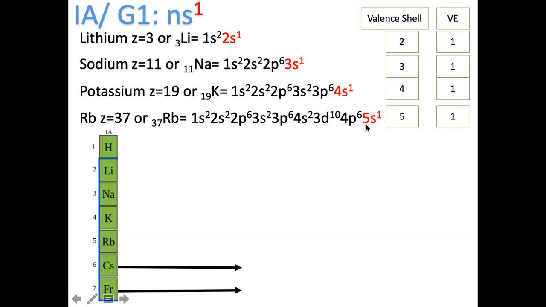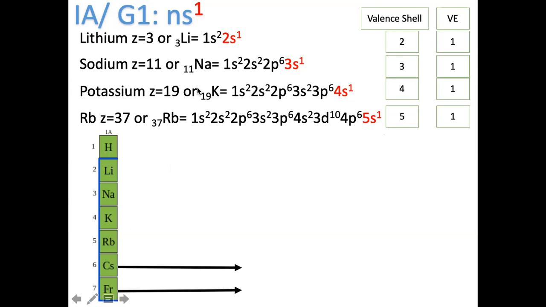Look at the valence shell. The valence shell of lithium would be 2, sodium would be 3, potassium would be 4, and rubidium would be 5. And note that the valence electron, or VE, means the electrons in the valence shell. And they are all going to end in one, right? Meaning one electron in the s sublevel.